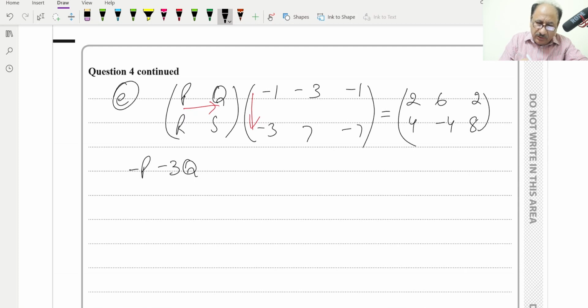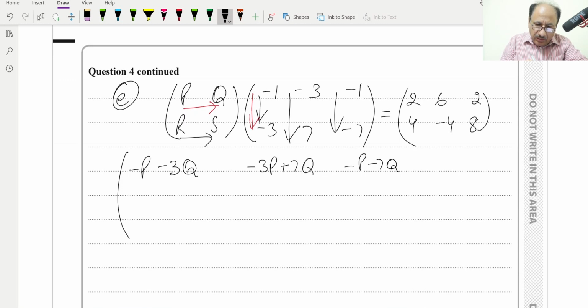Then we can multiply pq with the second column, and this will be minus 3p and plus 7q. Similarly with the third column, minus p and minus 7q, and the lower one will be this row, and the first column will be r.